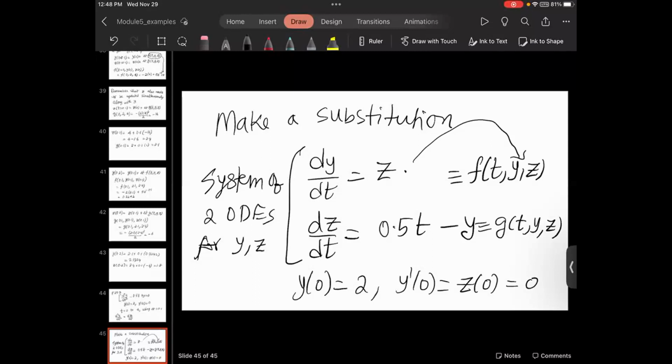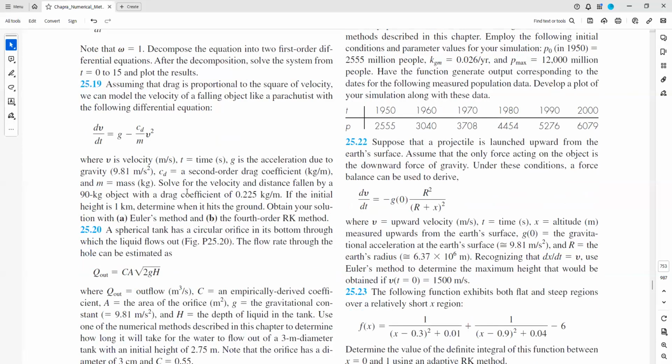So let's just look at different problems. Let me share my screen here for a second. So if you see problem 25.19, I think this was one of the homework problems.